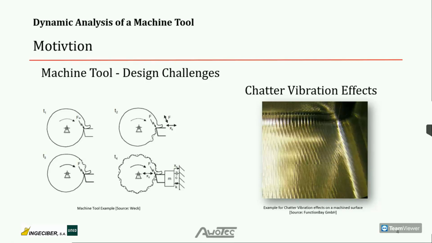On the right-hand side, there is a picture where you can see the result of these chattering effects that leads to rougher surfaces than expected, as well as deviations from the, let's say, perfect or the required shape of the parts that are manufactured.